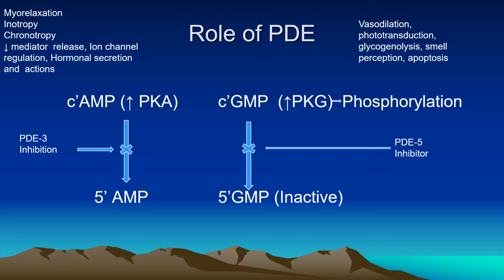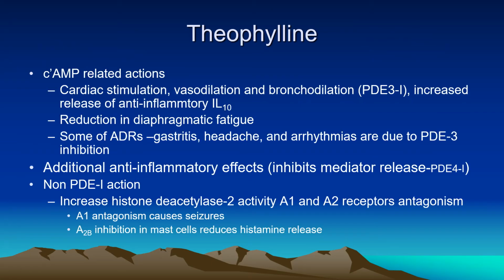So the effect would be vasodilation, phototransduction in retinal cells, glycogenolysis in liver, smell perception in olfactory bulb, and apoptosis, that is cellular programmed death, which may occur in certain places. So this is how inhibition, whether selective or non-selective, will result in elevated levels of the cyclic nucleotide and activities.